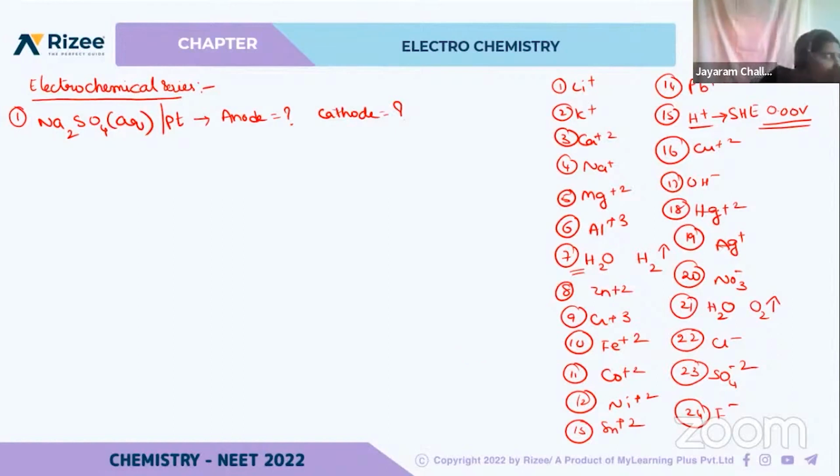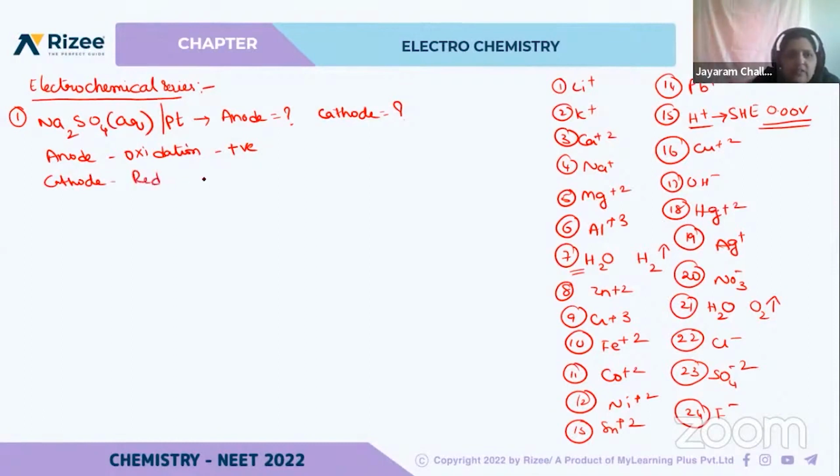So first, what is the basic condition? At the anode, oxidation will occur. It is a positive terminal. We know these things. And at the cathode, reduction occurs. This is a negative terminal.